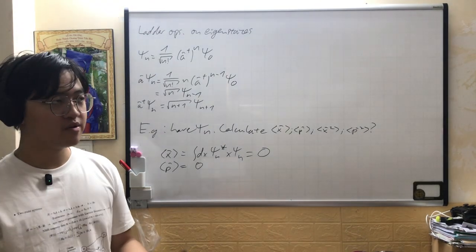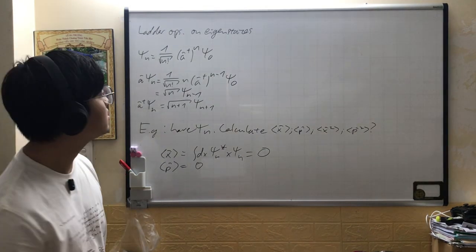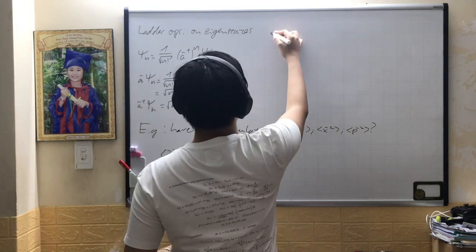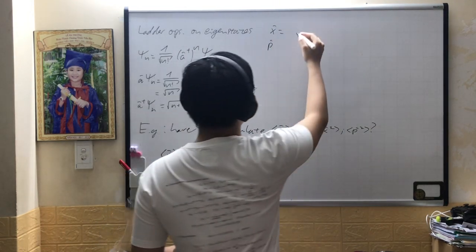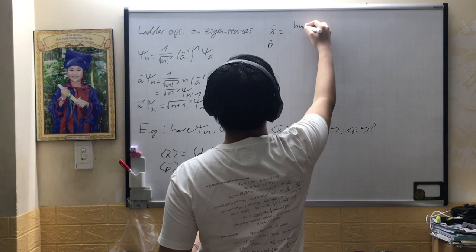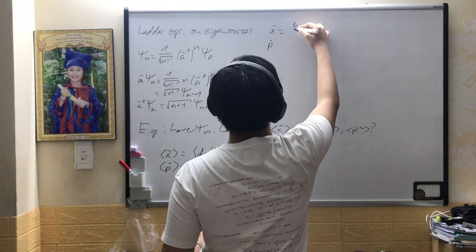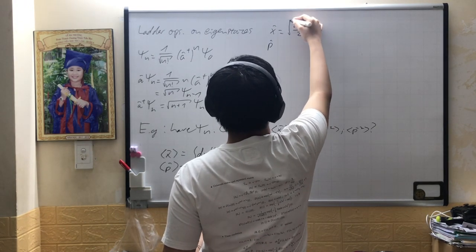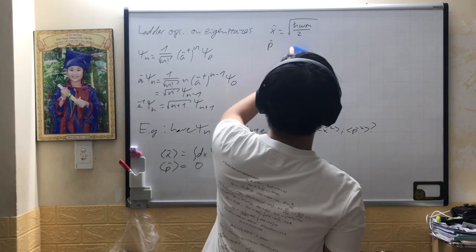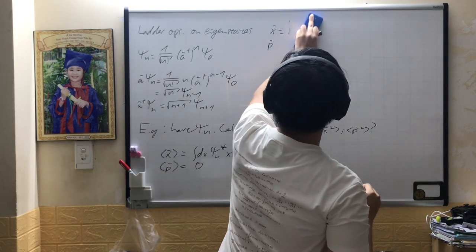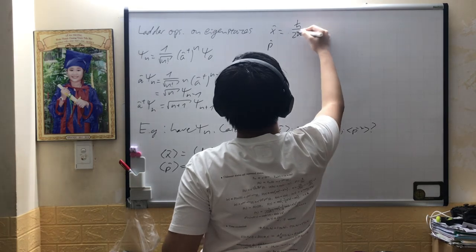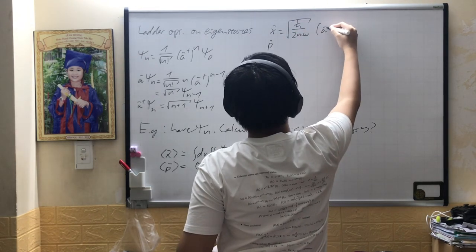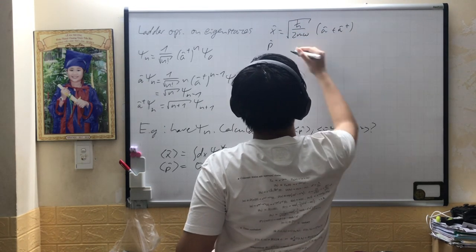So remember, for x squared, you have x and p in terms of these ladder operators, that is 2m omega, plus a dagger.